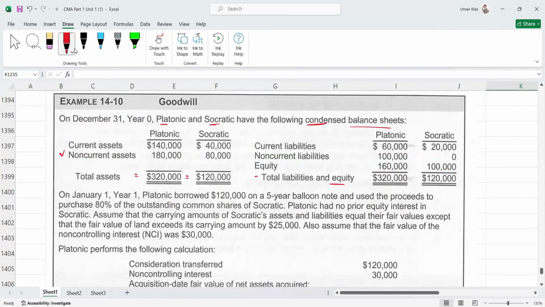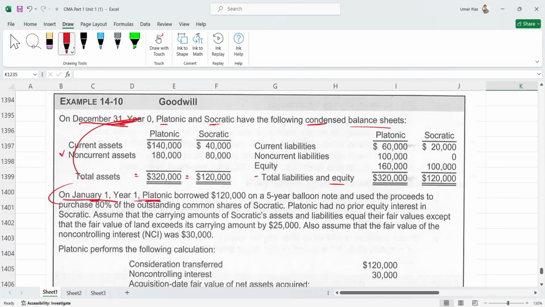On January 1, year 1, at the start of the year, almost the same dates. This is one day before, this is the very next day. P, the parent, borrowed $120,000.